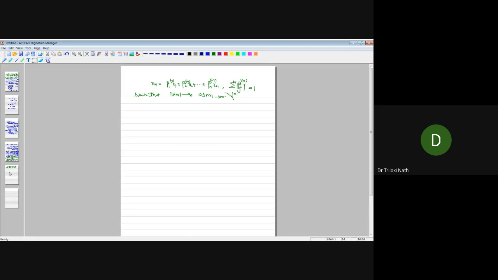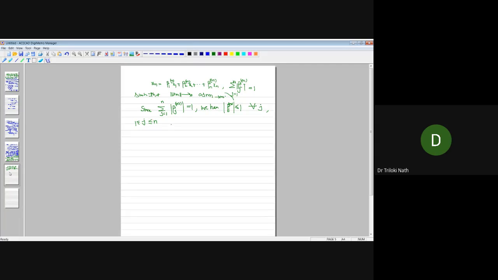Now, since this is an important fact, since summation j is equal to 1 to n of mod of beta j corresponding to m is 1, what does it imply? We have mod of beta j corresponding to m is less than or equal to 1, right? For all j, of course, j lies between 1 to n.